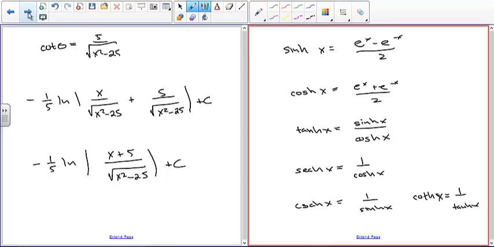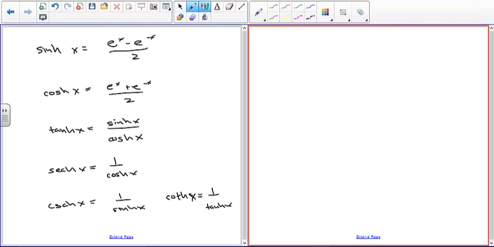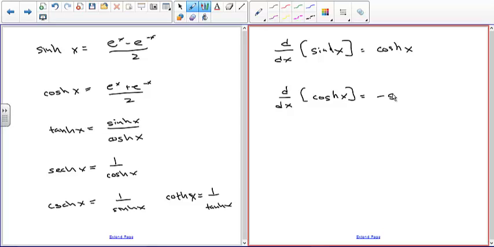Okay, and you're like, why are they doing that? What's the significance of that? Well, one interesting thing is if you define the hyperbolic sine and cosine, you'll find out that the derivative with respect to x of the hyperbolic sine is equal to the hyperbolic cosine. And if you take the derivative with respect to x of the hyperbolic cosine, it's equal to the hyperbolic sine.